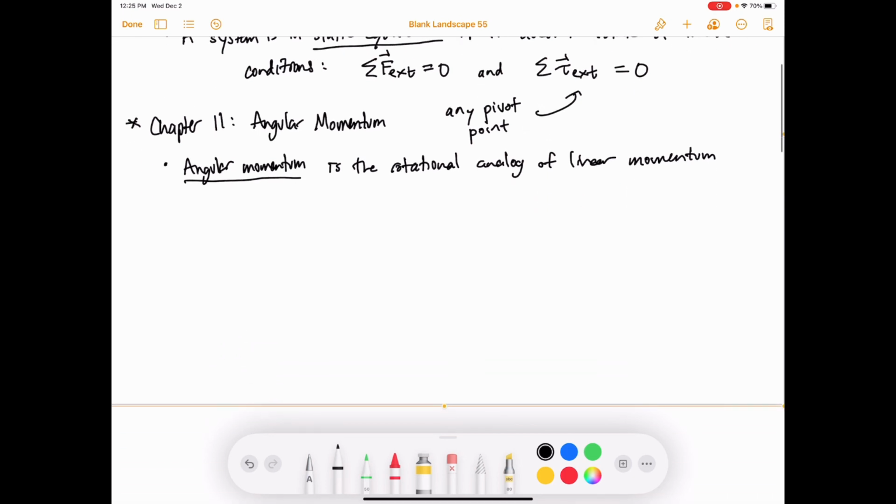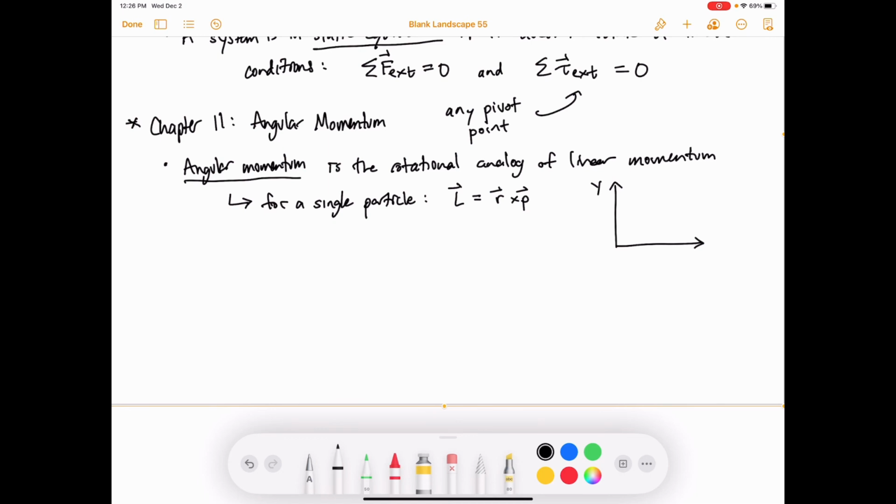So when it comes to angular momentum, there are a few formulas we need to remember. For a single particle, the angular momentum given by vector L is R cross P. And here's the picture you should have in your mind as far as that goes.